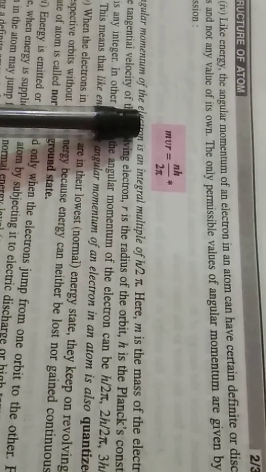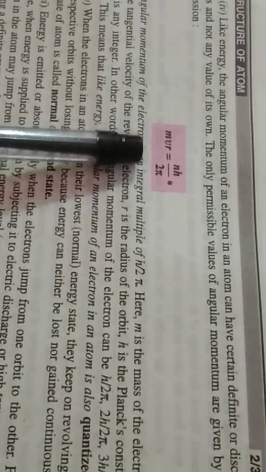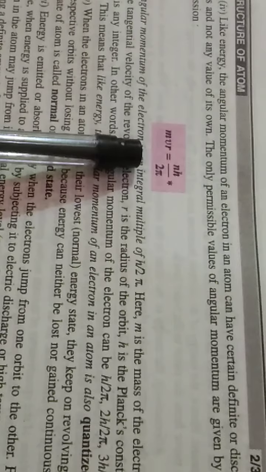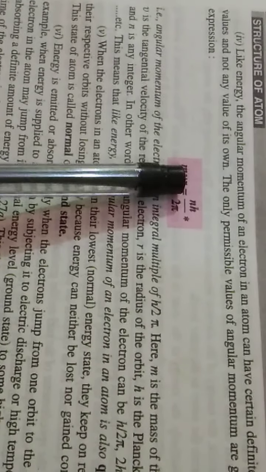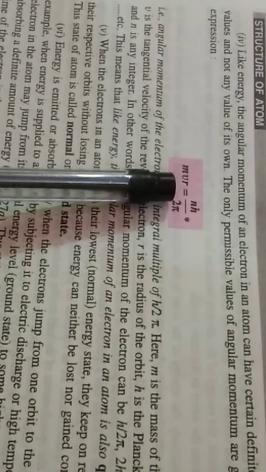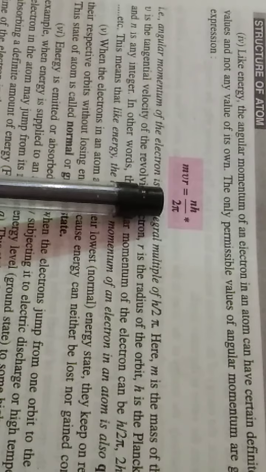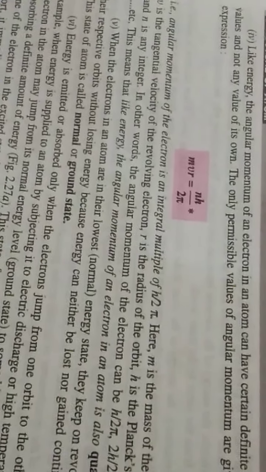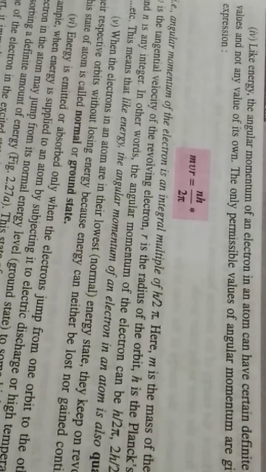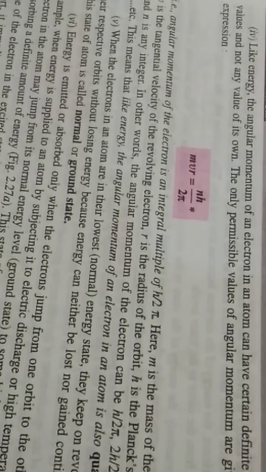So like energy, the value of angular momentum of an electron will also have a definite or discrete value. The angular momentum of any electron will not be of its own; it will be a definite and discrete value only.